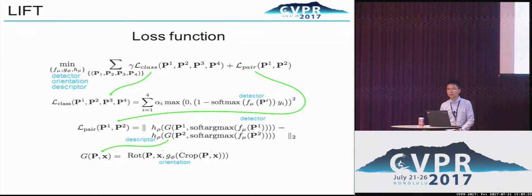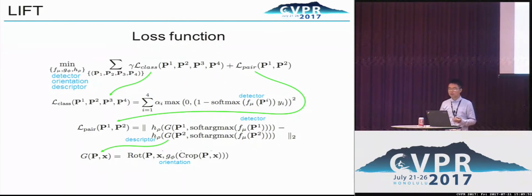Although this loss is differentiable, it is hard to train because different components tend to compete with each other. As a result, Yi et al. have proposed to train the whole pipeline in a smart way, one component by one component. Specifically, they first train the descriptor network by using the input patches.